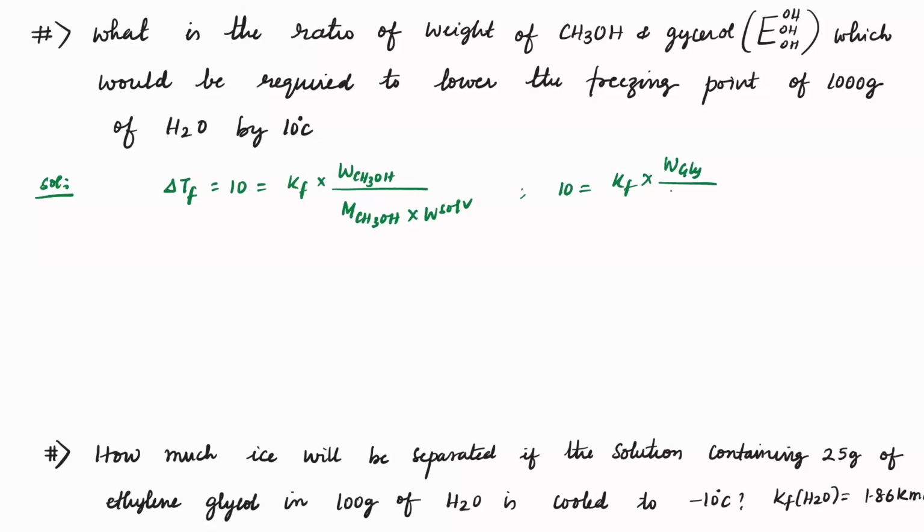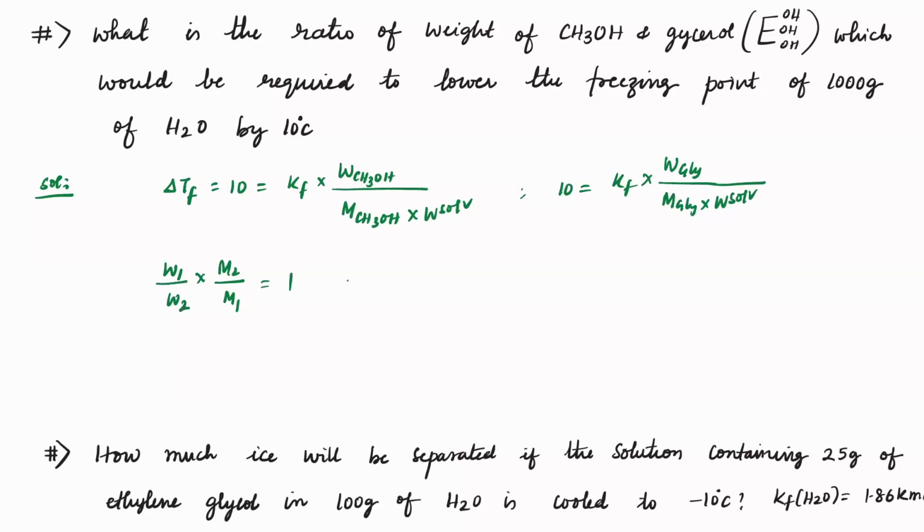Okay. Molar mass of glycerol is 92. Correct. So I'll just write down here molar mass of glycerol, that into weight of solvent. Yeah. Now you can see both should be equal. So I can take the ratio W1 by W2 into m2 by m1, that should be equal to 1.